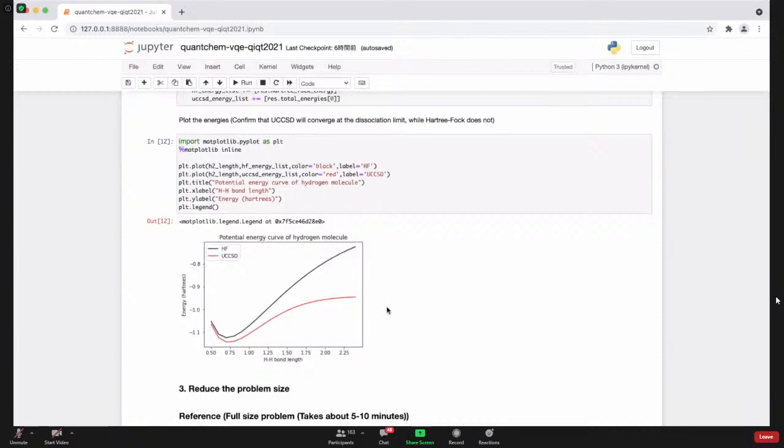So the black line is the Hartree-Fock, and the red line is the unitary coupled cluster. As you can see, they have a different behavior. For instance, if you make this distance large, if it's very far away, it should feel no interaction. What that means is that it should converge to a point, so it will be flat at the very long distance region.